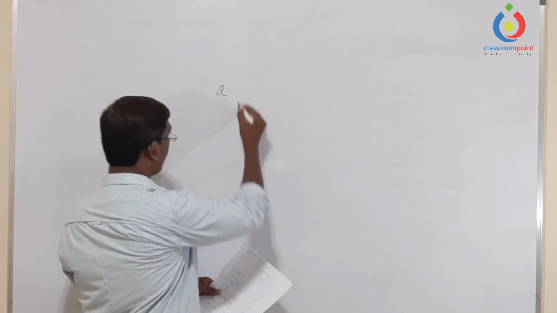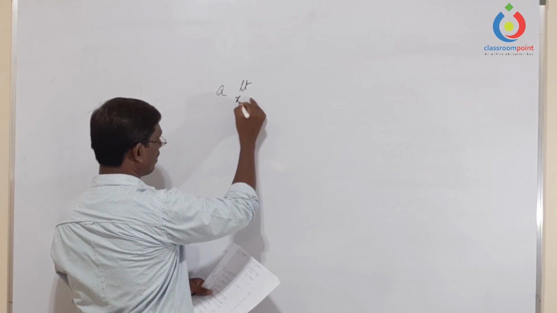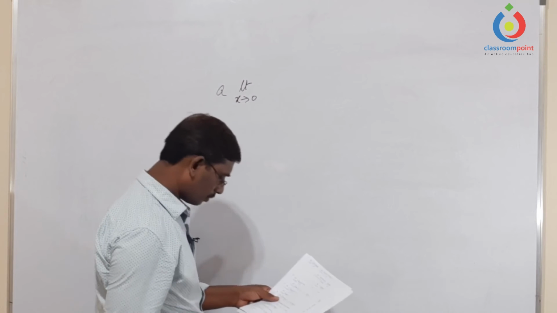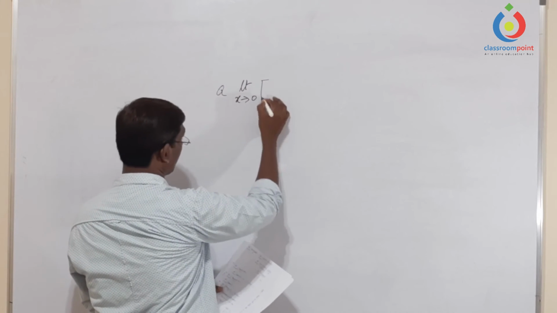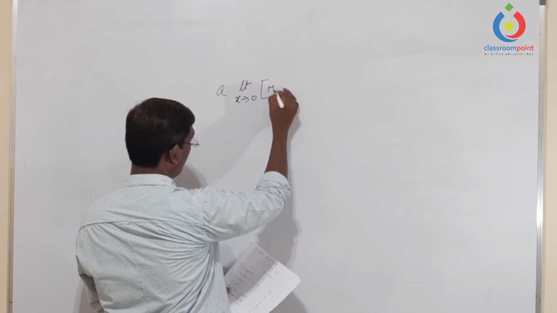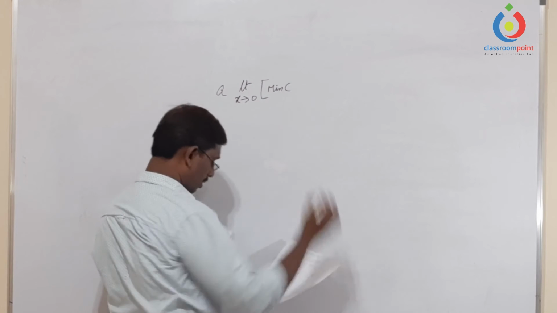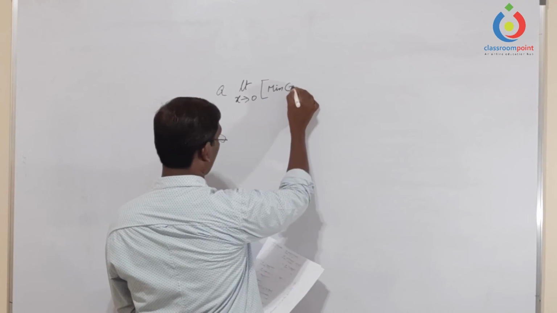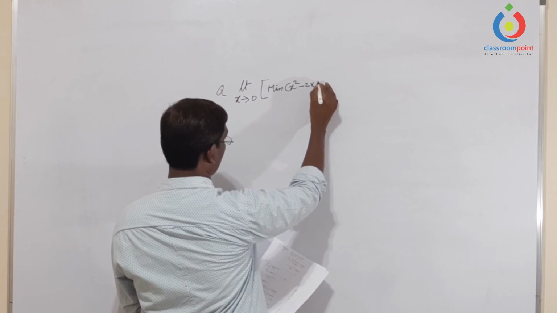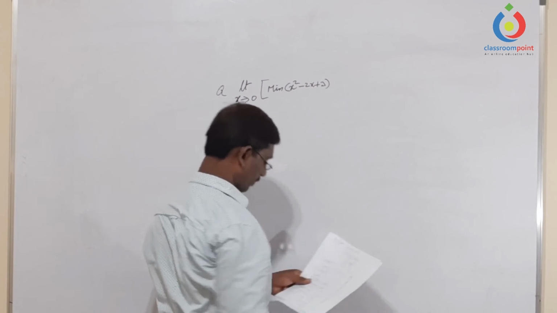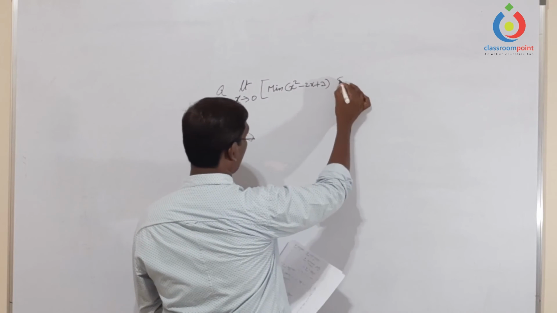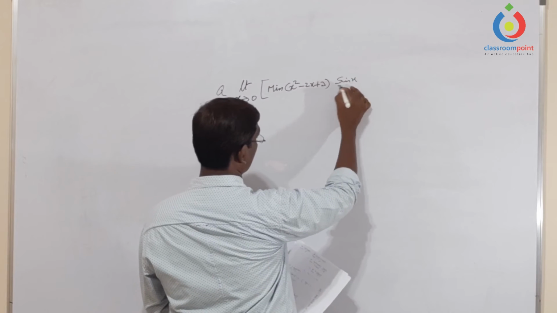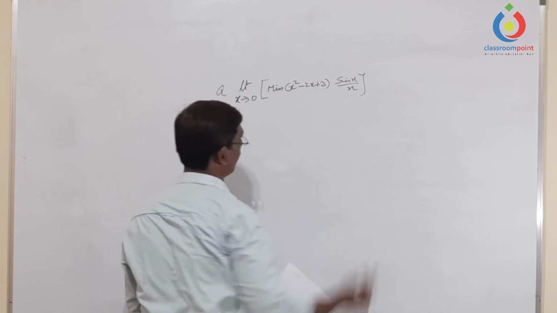The question is: limit x tends to 0, integral part of minimum of x square minus 2x plus 3 into sin x by x.